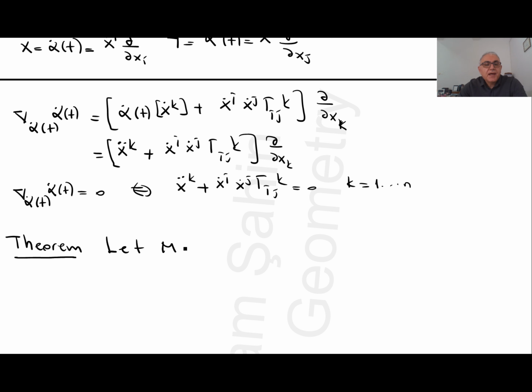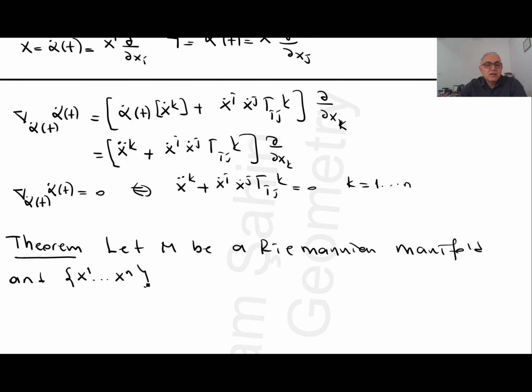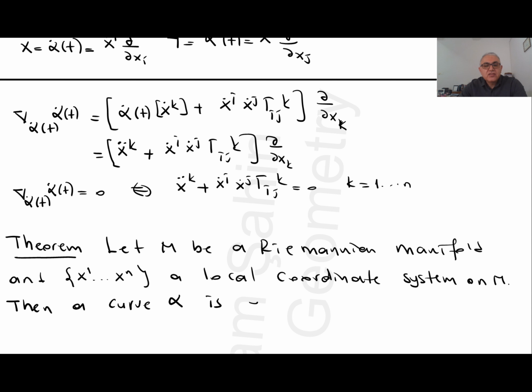Let M be a Riemannian manifold and x1, ..., xn a local coordinate system on M. Then a curve, let's say alpha, is a geodesic if and only if this equation is satisfied.